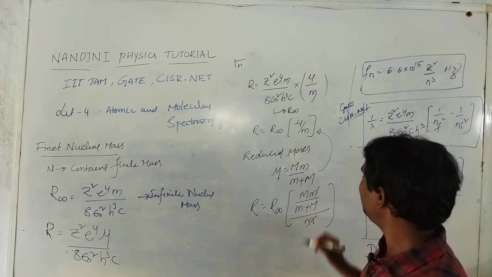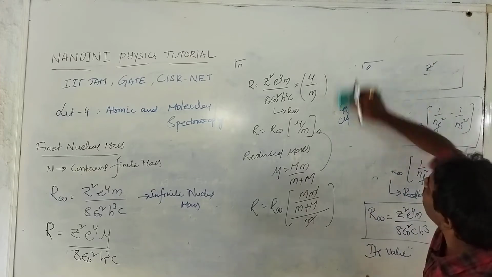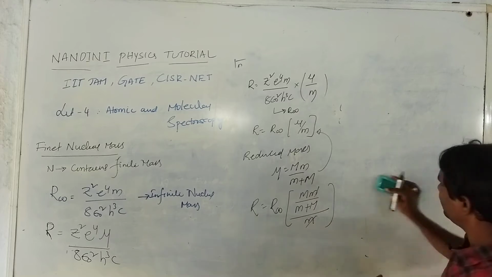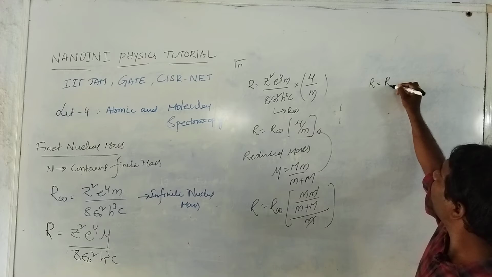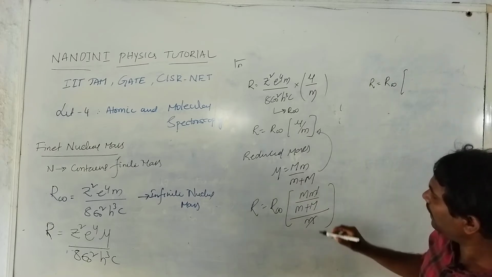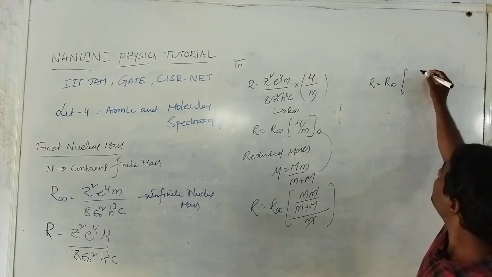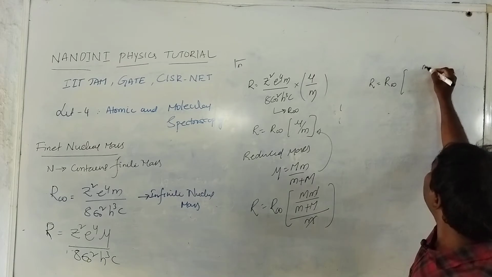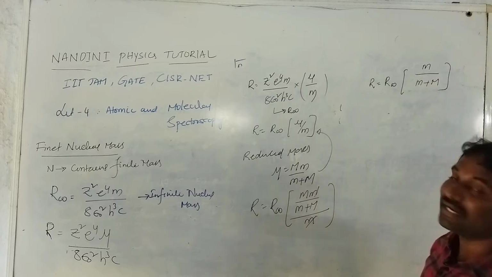So m will be cancelled. So finally we will get R value is equal to R infinite into small m divided by m plus capital M. So this is your final equation.